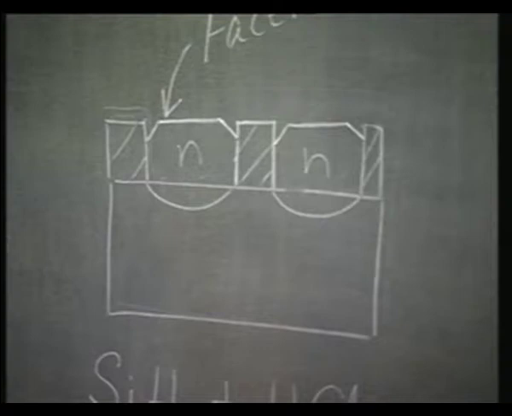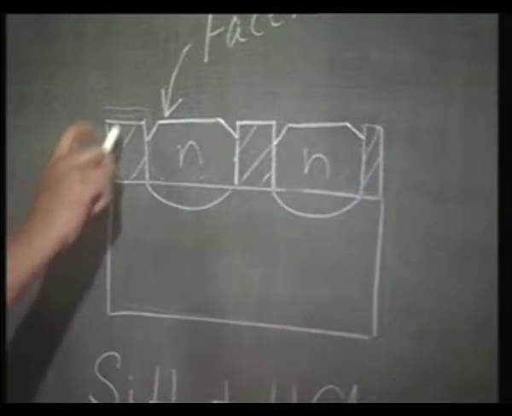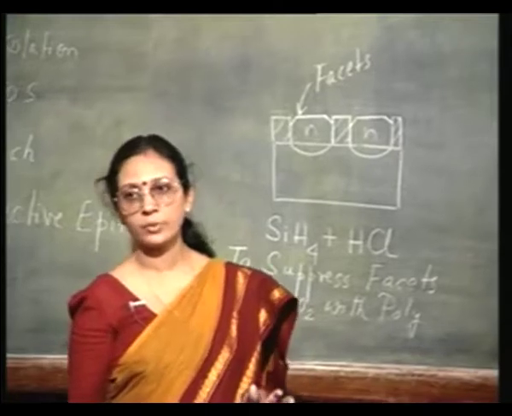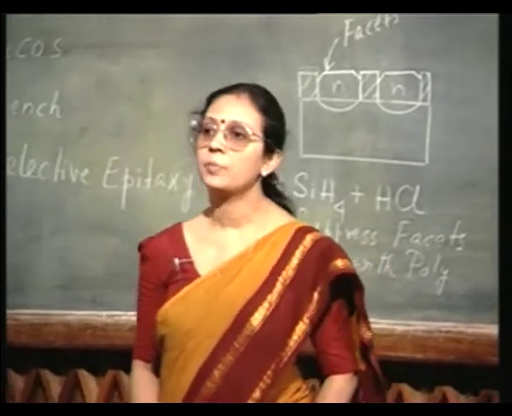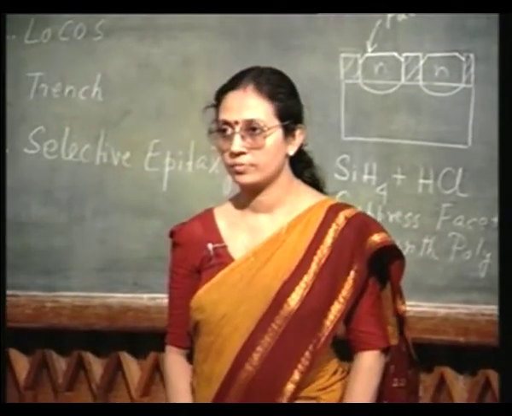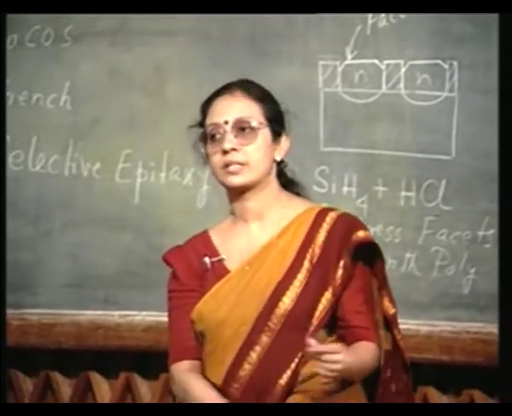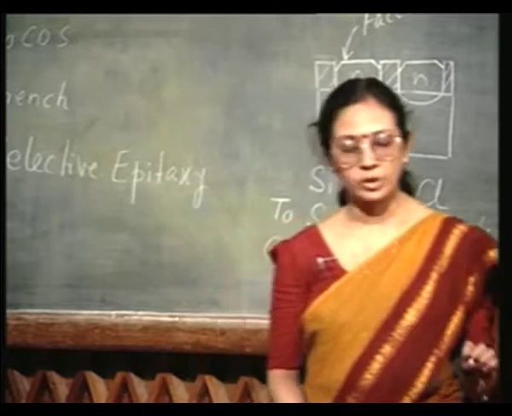Okay? So, in order to suppress that again, you have to coat silicon dioxide with poly. Coat the side walls with poly, so that the facets will grow all the way up and will give you a planar structure. But still selective epitaxy has a lot of defects.